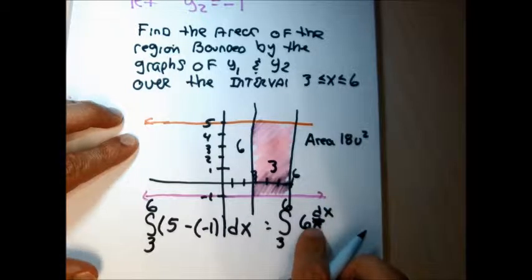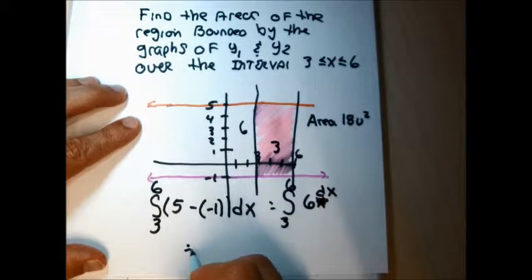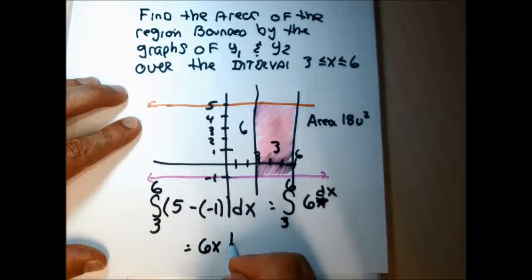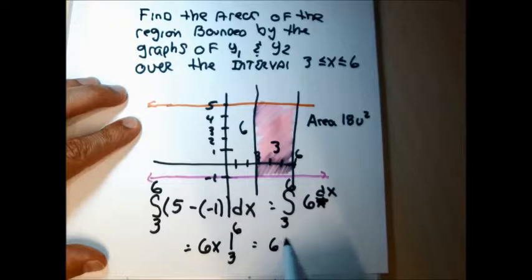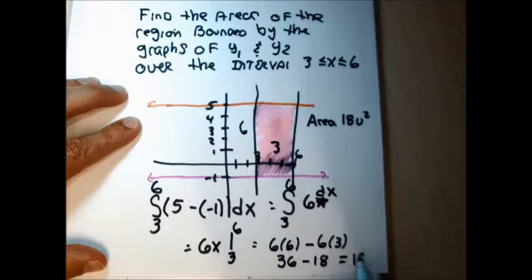The integral of 6 is 6x. So to do this, I just have to take the function 6x and evaluate it at 3 and 6 and subtract. So this is going to be 6 times 6 minus 6 times 3. 6 times 6 is 36. 6 times 3 is 18. 36 minus 18 is exactly the same area.